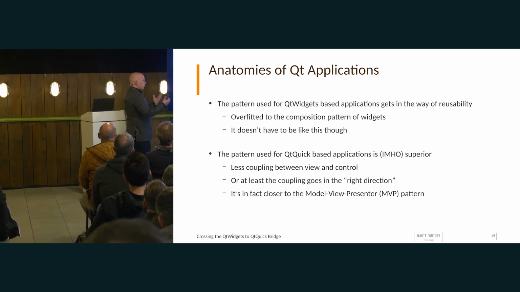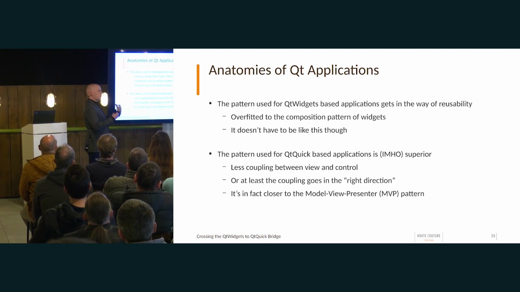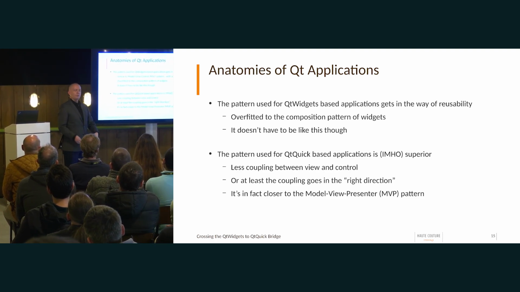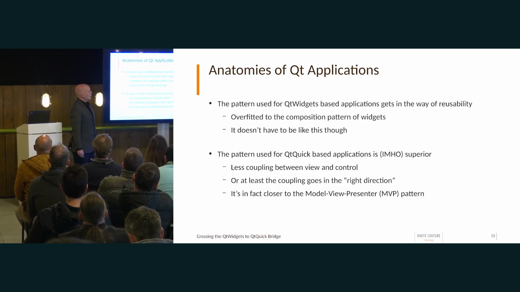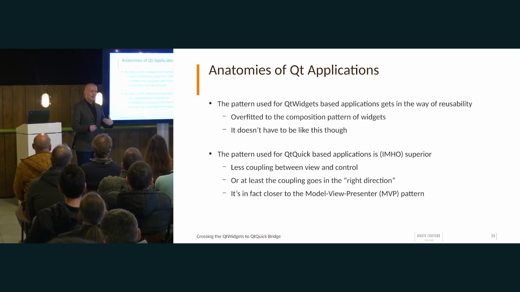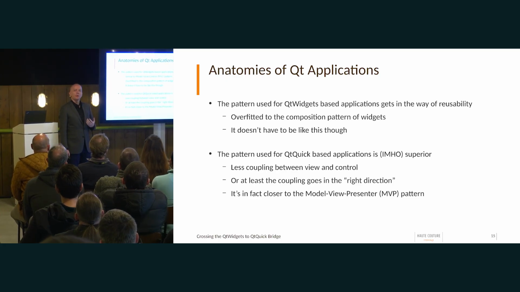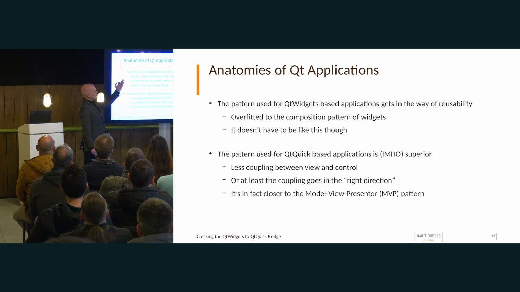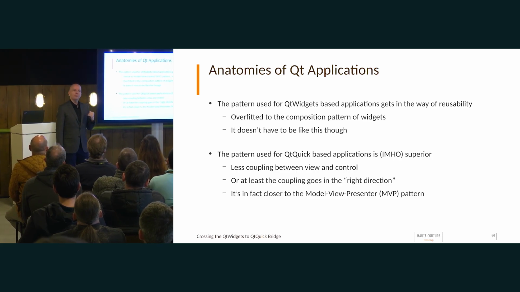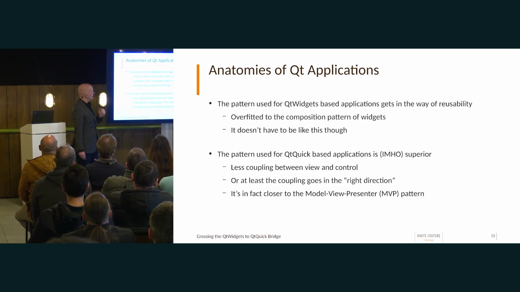And that's the two anatomies of applications when you start them either with QtWidgets or with QtQuick. So the pattern used for QtWidgets, in my opinion, gets a bit in the way of reusability. As I mentioned, it's similar to the model view control pattern, but with a twist again.